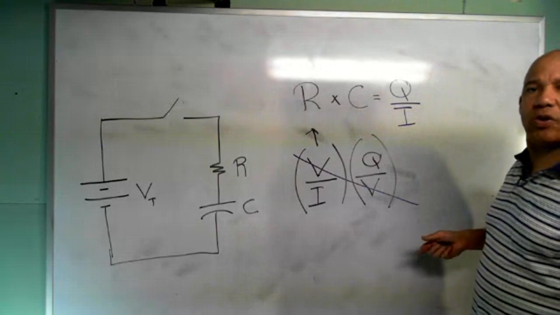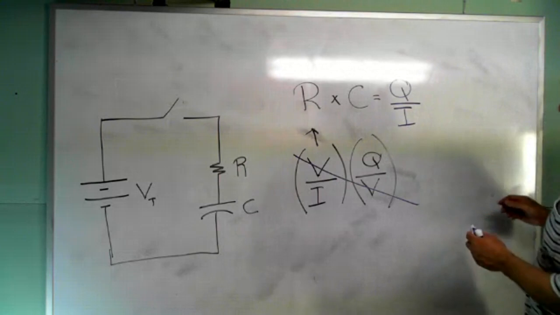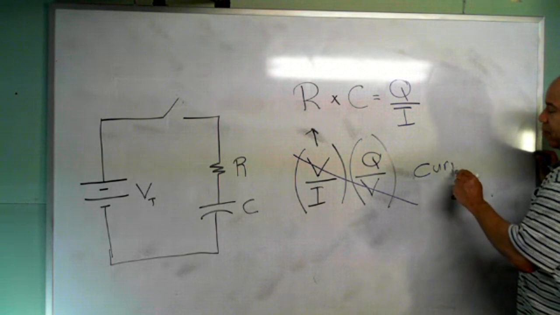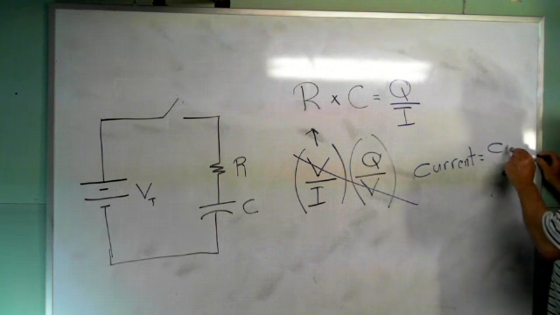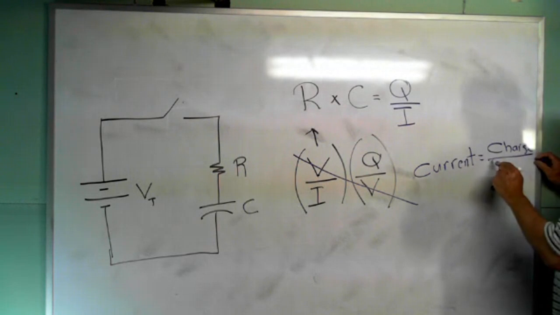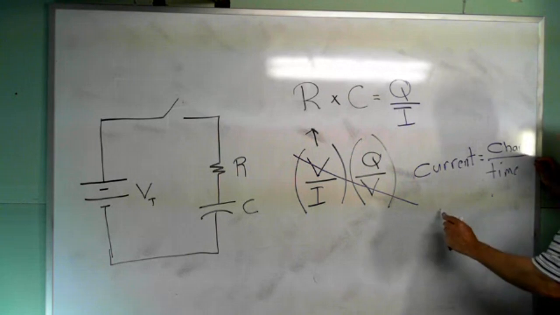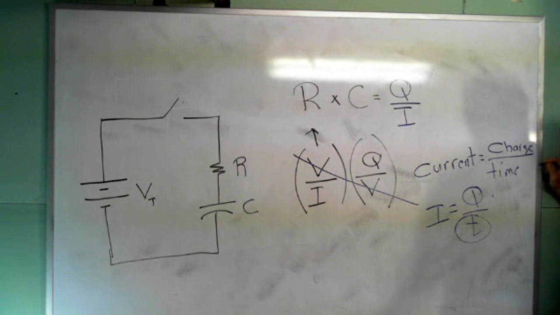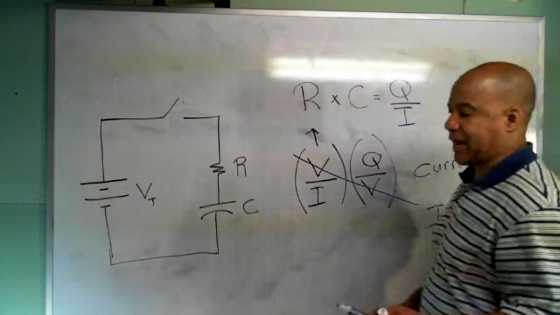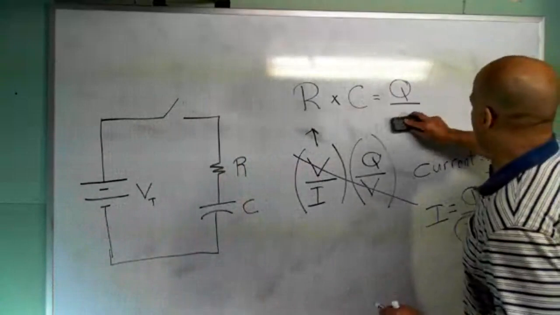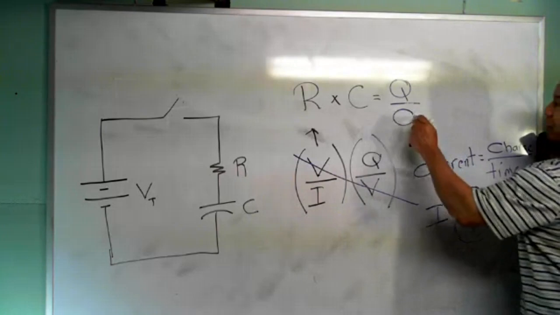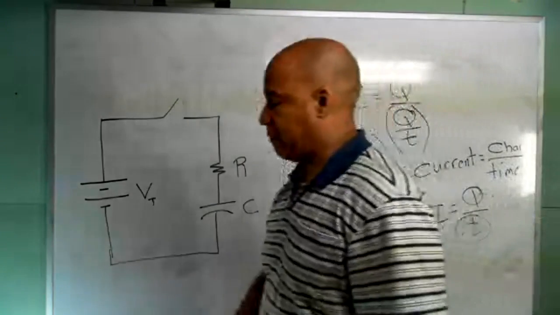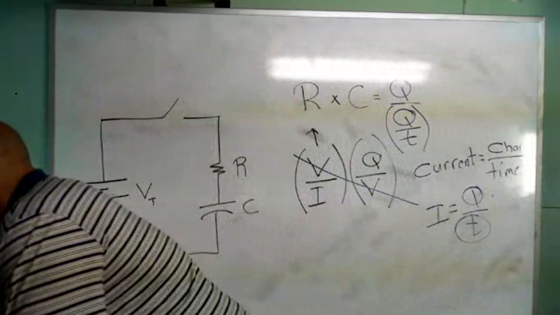But okay, what's that? What is Q over I? What kind of thing do I get? Well, you got to go back to the first week of class. We talked about current. We said current is charge per unit time. In other words, I equals Q on T, where that T is time. So what I can do is put in there the fact that I is equal to Q on T. What is that when I cancel out things that need to be canceled out?